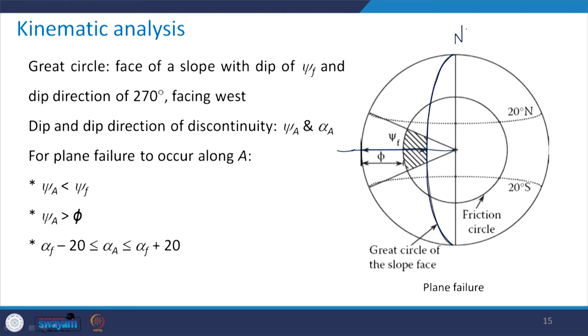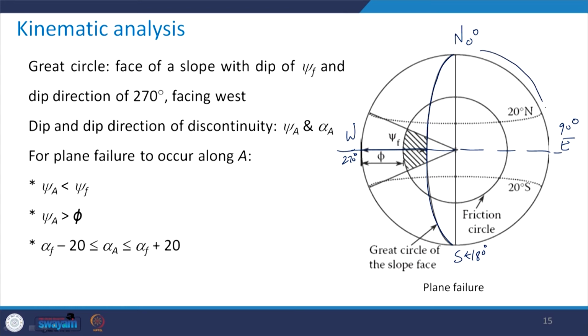Let us say this is north, south, and I extend this as east and west. If you remember the stereonet, here it is 0 degrees, then 90 degrees, 180 degrees here, and this angle is 270 degrees. So, in this case this slope face has a dip direction of 270 degrees.